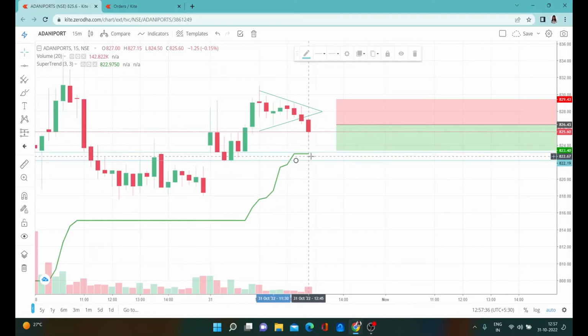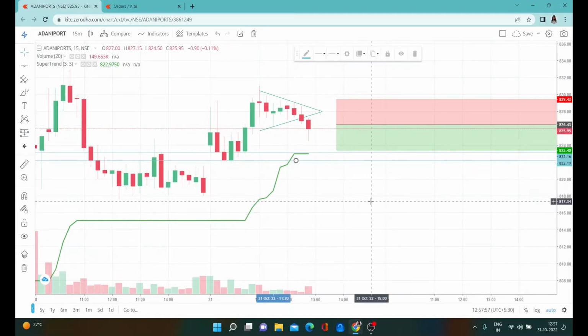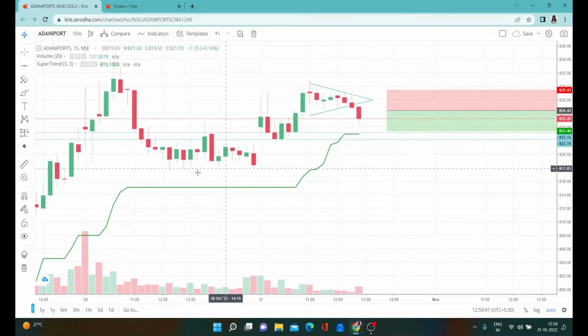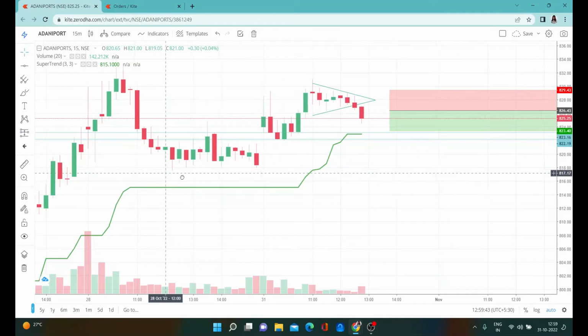Once it tests the support area, if heavy selling happens today, then the support area could also be broken and it goes downward further. But we're not bothered about it. For now, we're just bothered about whether it hits this level or not. Meanwhile, let me show you something.